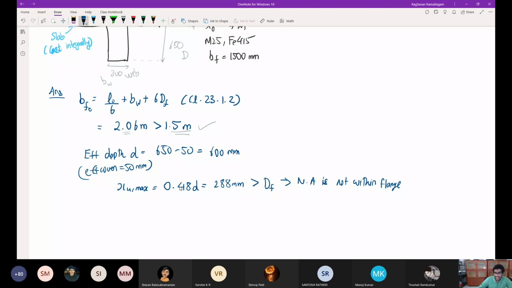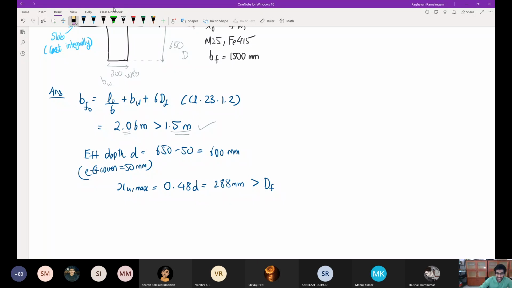This is not good news for us, because if it was within the flange, we could just do 0.36 FCK B into XU, D minus 0.416 XU, design it as a rectangular beam, and finish the job. But unfortunately, that's not the case. Oh, sorry, this is XU max. Please forget what I just said. It doesn't matter, let's just leave it at this. I'm sorry for writing that statement.